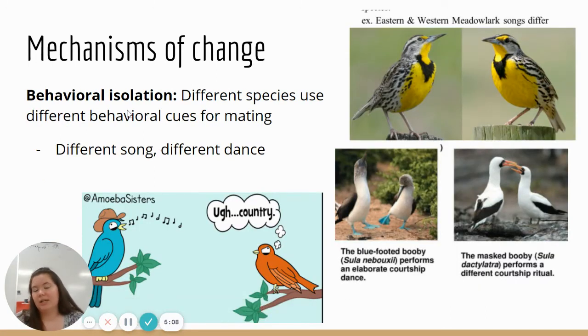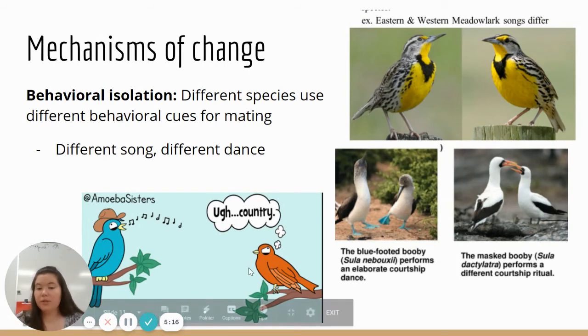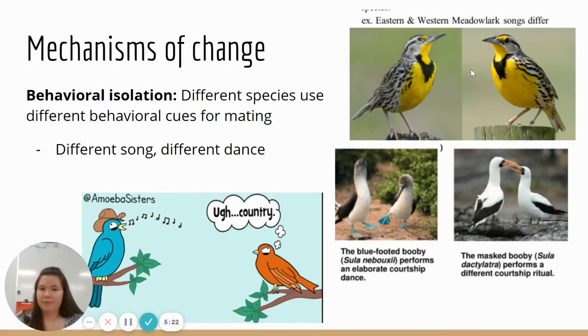Behavioral isolation is what it sounds like. Their behavior is different. So here you can have a different song or a different dance. Birds are most often used to show this. So these two birds are actually the same species, but they don't mate together because their songs are different to call a mate to them.